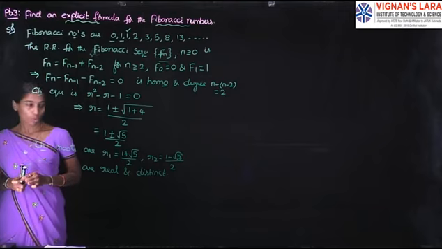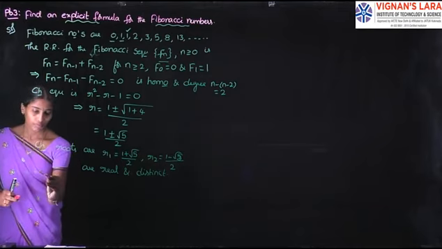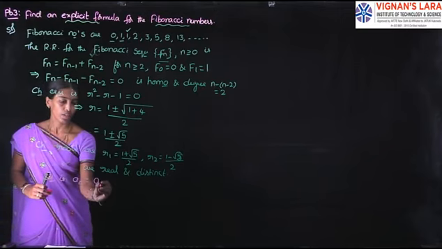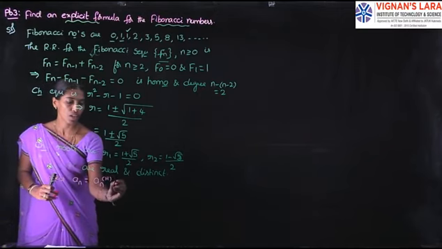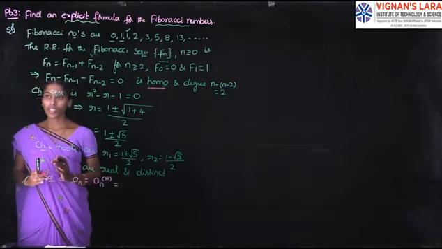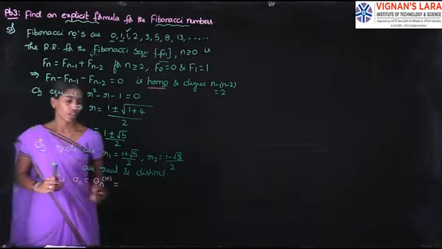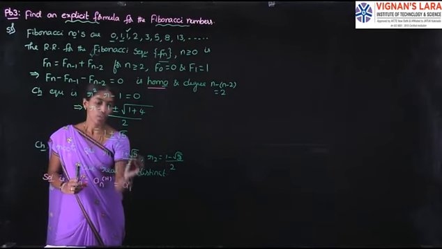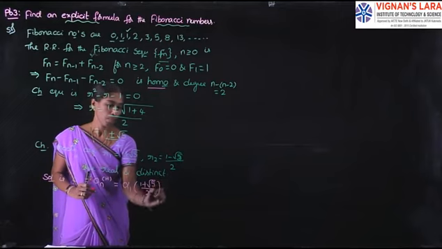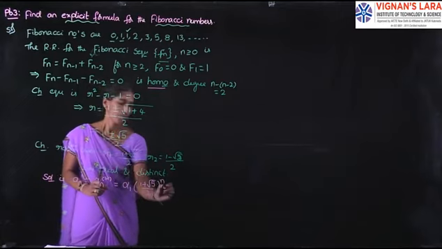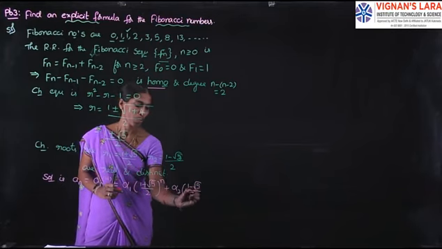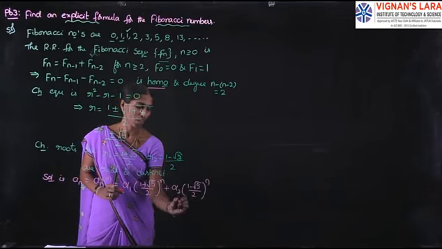What is its solution? The solution is an equal to an of h, because it is a homogeneous recurrence relation. The solution only contains the an of h part, right? So alpha 1 into the first root, 1 plus root 5 by 2 whole to the power n, plus alpha 2 into the second root, 1 minus root 5 by 2 whole to the power n.